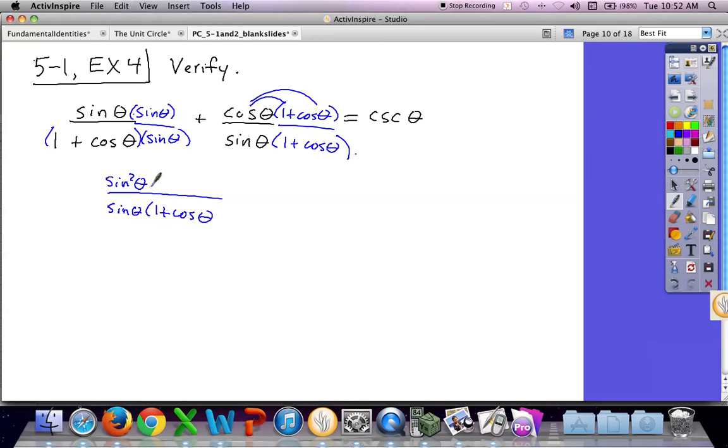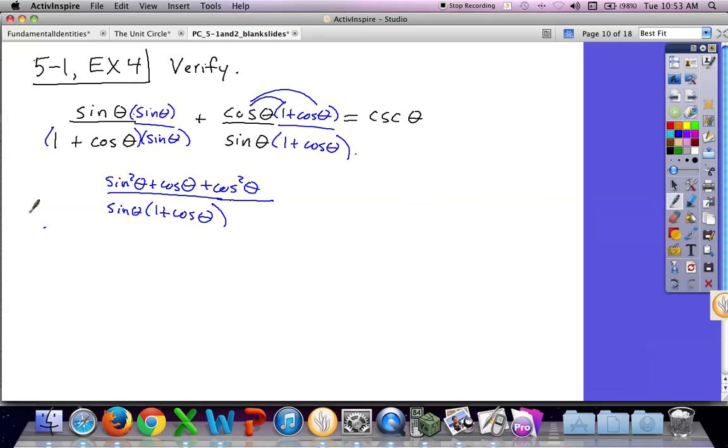That'll be plus cosine squared. Okay. I got that right? I guess so.